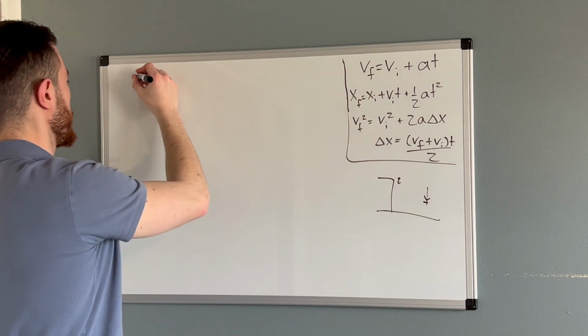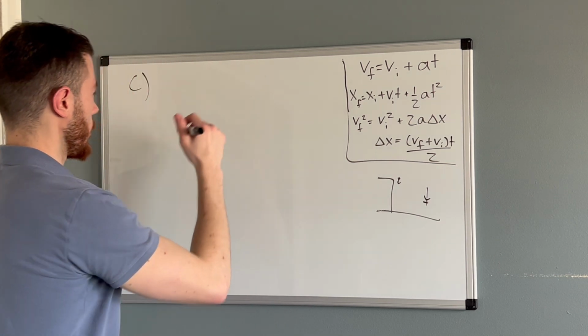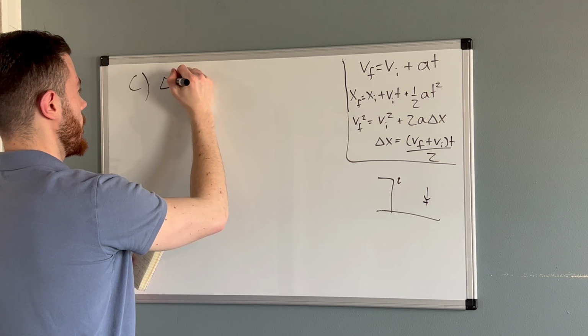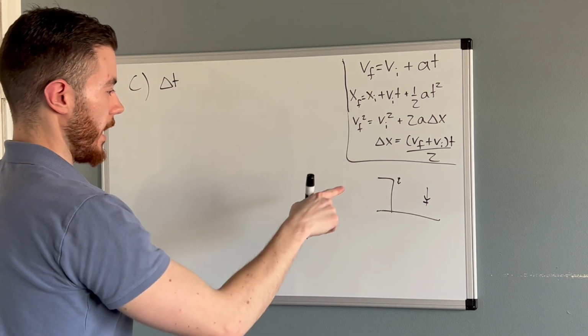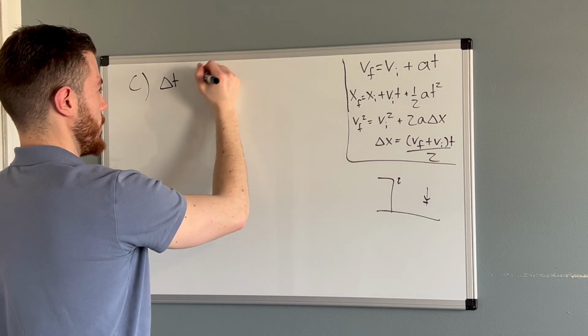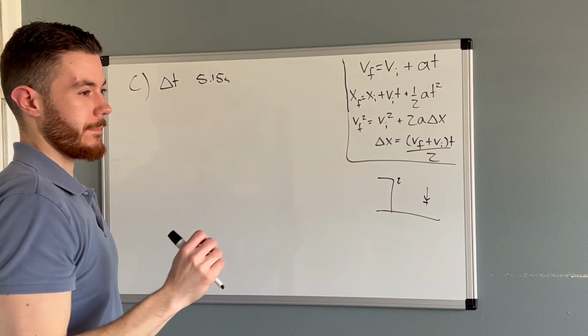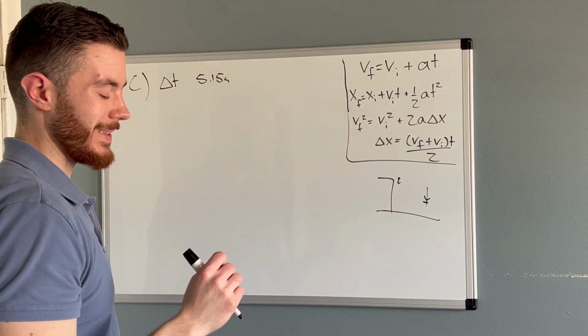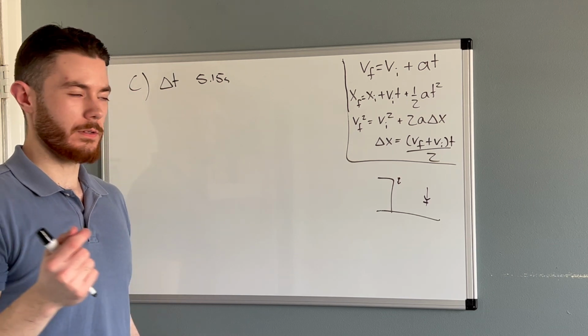One part left, which is part C, and it asks us to find the total amount of time, delta t, as a fraction of our answer to part B, which was 5.15 seconds, that the falling hammer spends in the top 75% of the falling distance.